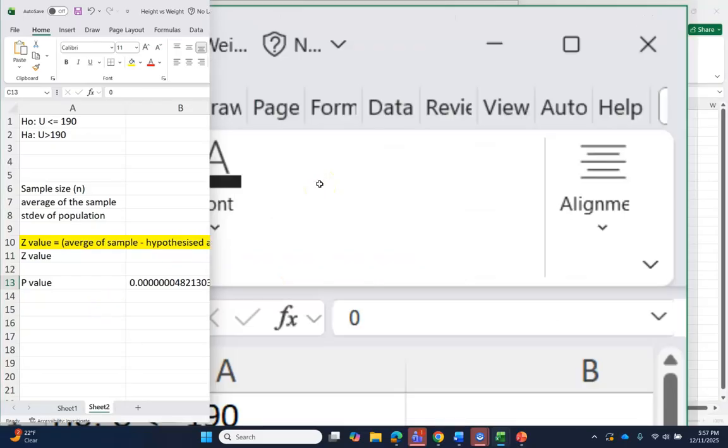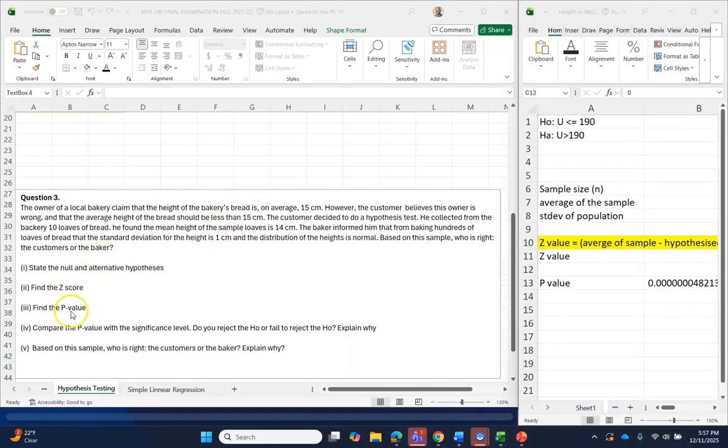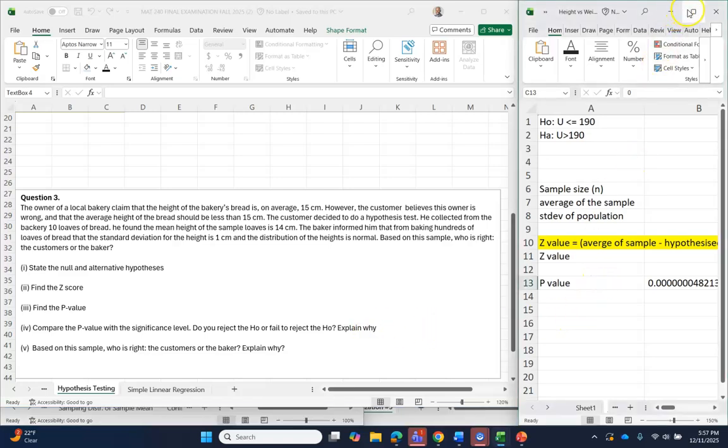Let's see what else do we have. And so we are supposed to compare the p-value with the significance level. So do you reject the null hypothesis or fail to reject the null hypothesis? That's what actually I've said here.